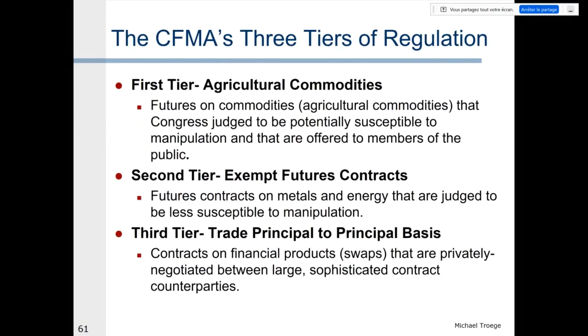So the regulation in detail is quite complicated, because a lot of the participants in the commodity markets hate regulation, so they try to reduce it as much as possible. So you have 3 tiers of commodities. The ones that are really important are strictly regulated. Then you have a second tier, which is almost not regulated. And then you have the OTC contracts.